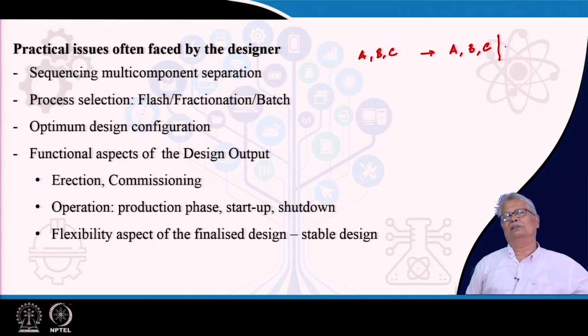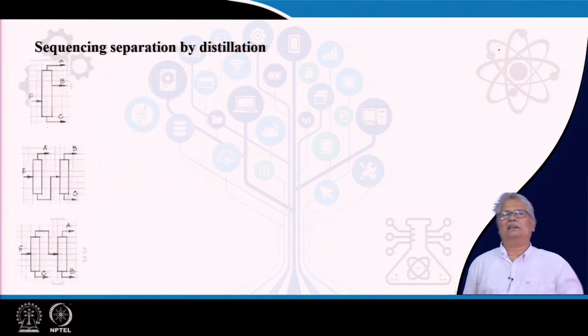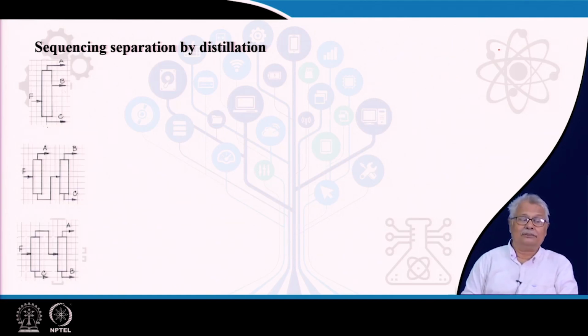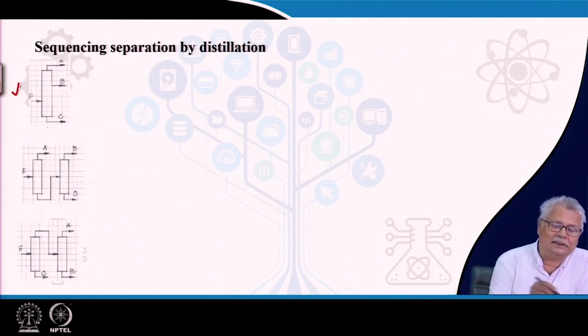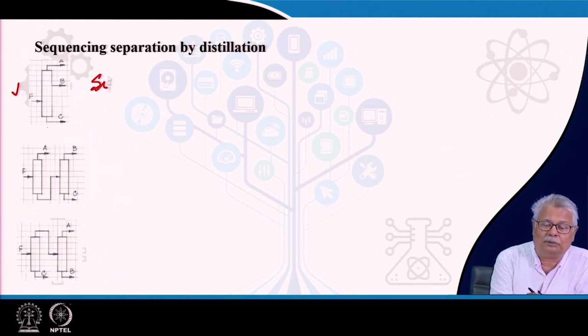To start with, we start on today's first topic, which is sequencing multi-component separation by distillation. The first configuration that you see here is basically what? It uses a single column with a side stream draw.